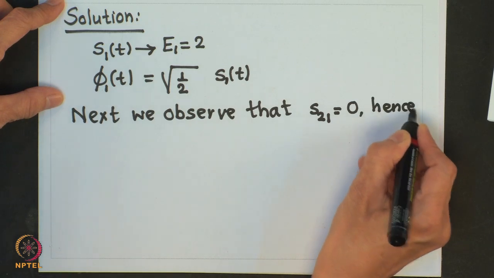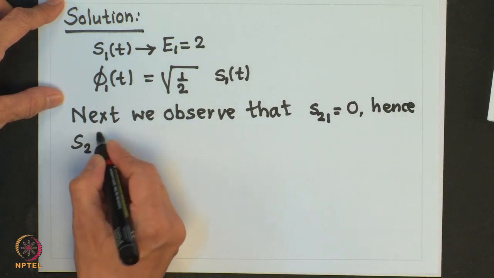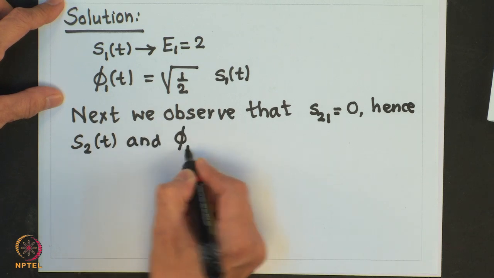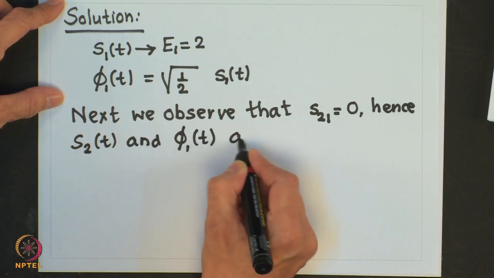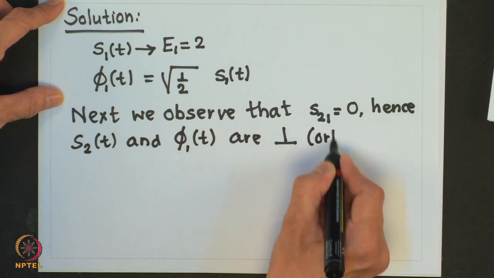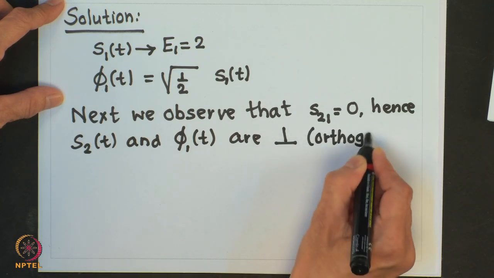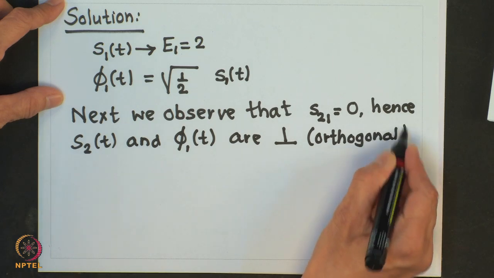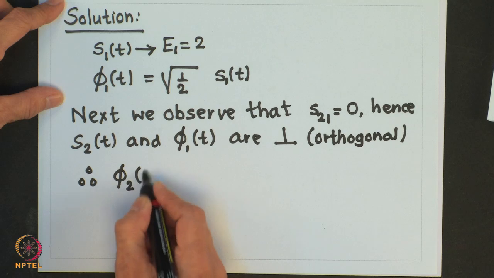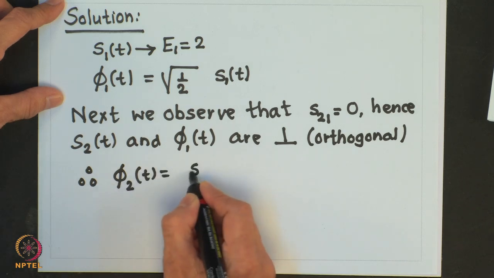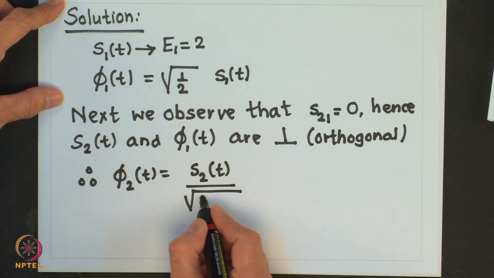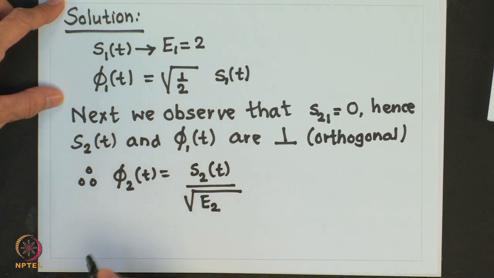Hence, this implies that s2(t) and phi 1(t) are orthogonal. Therefore, I can choose my phi 2(t) to be equal to s2(t) normalized by the square root of its energy.